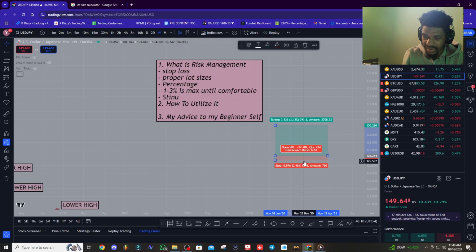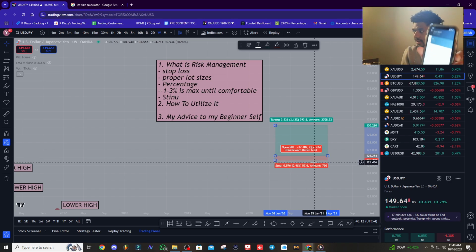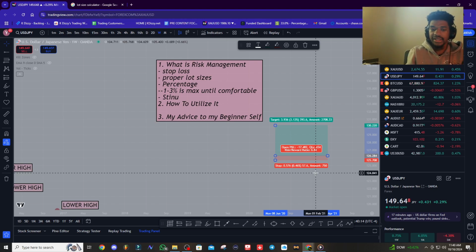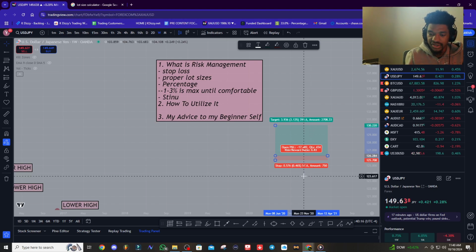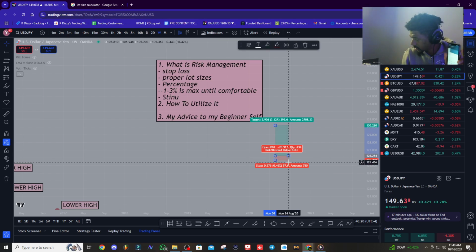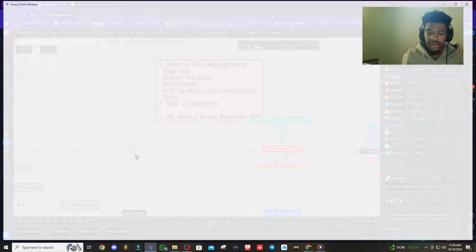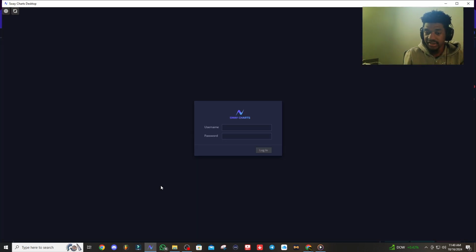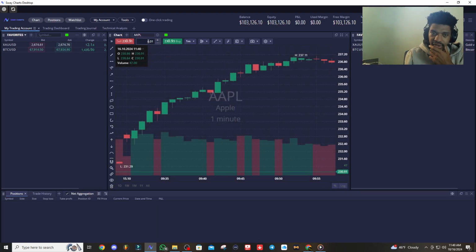So that's a 57 pip stop loss. You'll put that in there, and then you will calculate your lot size, which is the position. Once you have your phone app, or for example, I'll show you right here on Sway charts what I'm talking about. Right here is the lot size area. This is my funded account right here.